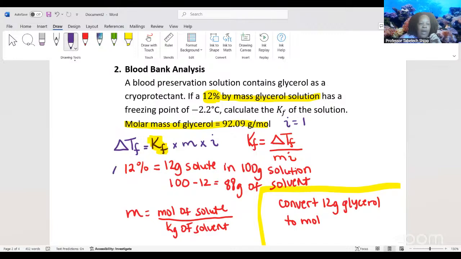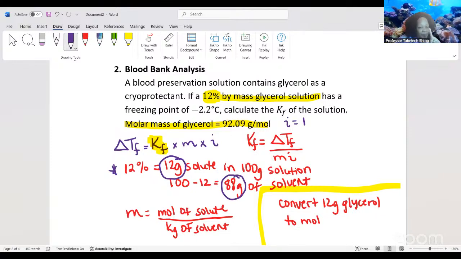You have to subtract 12 from 100, and the difference gives you the grams of the solvent. The 88 grams of the solvent is the water. The 12 grams is the solute, okay? So 12 grams is the solute, 88 grams is the solvent.